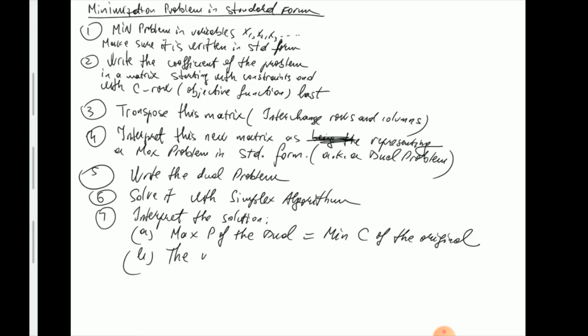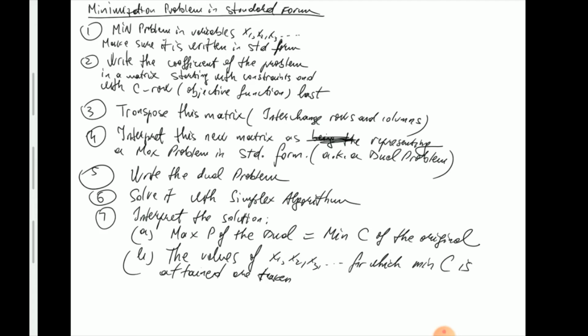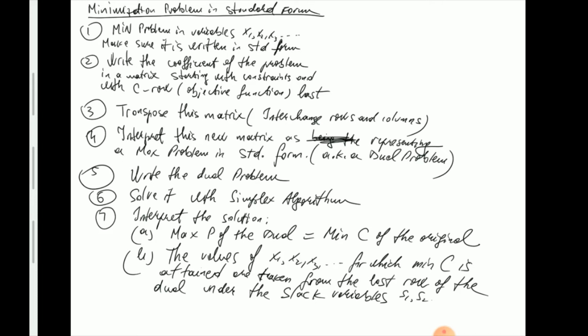The values of x1, x2, x3 for which minimum C is attained are taken from the last row of the dual under the columns, under the slack variables S1, S2, and so on.